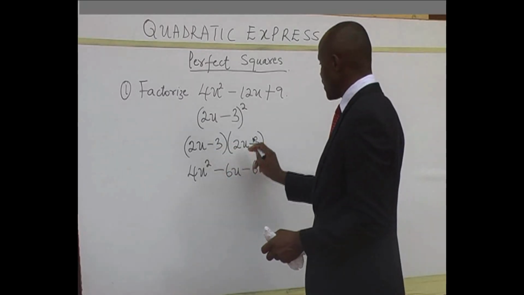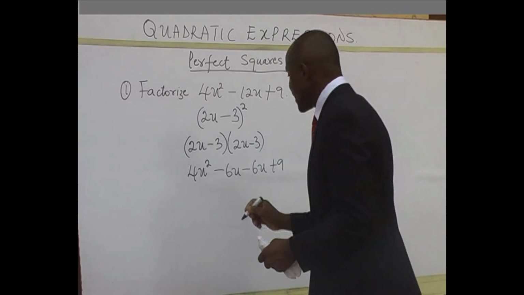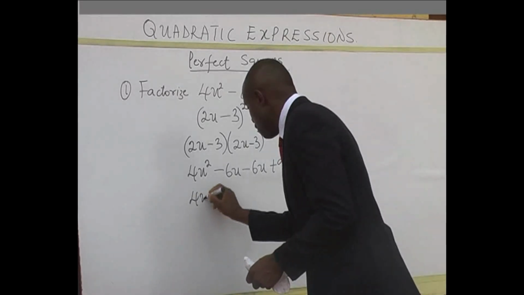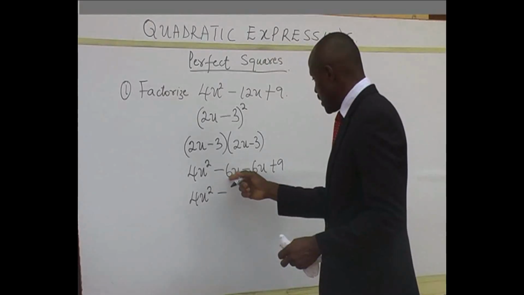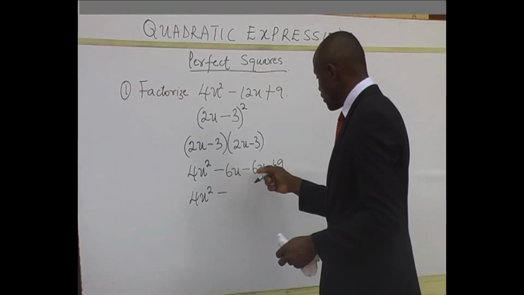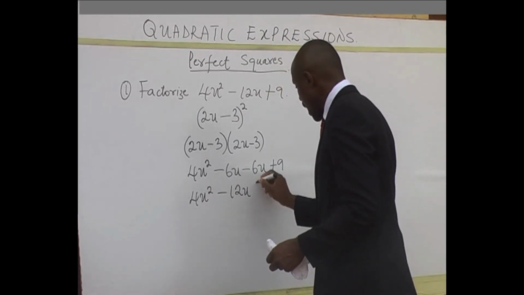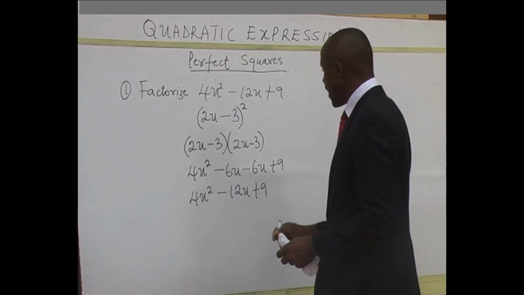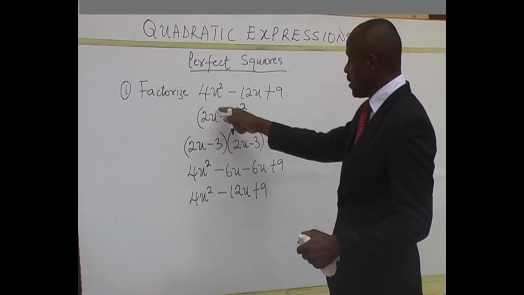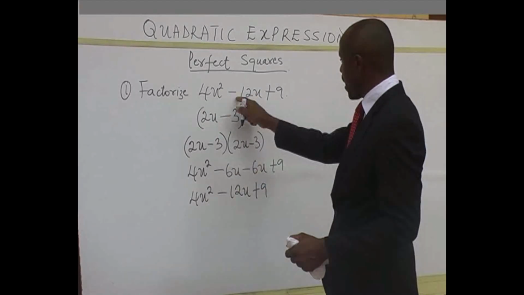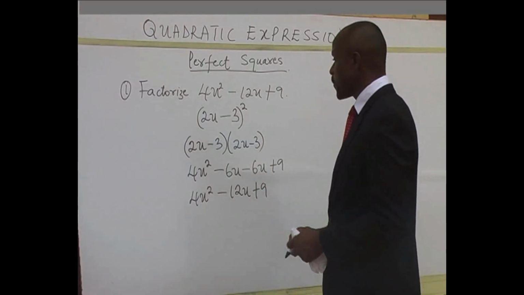And minus 3 times minus 3 will give you plus 9. If you collect like terms, you're going to have 4u squared minus 6u minus 6u will give you minus 12u. And you bring down plus 9. You can find out that you have gone back to the first expression you have: 4u squared minus 12u plus 9.